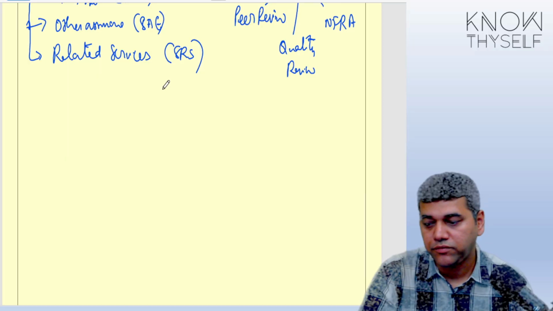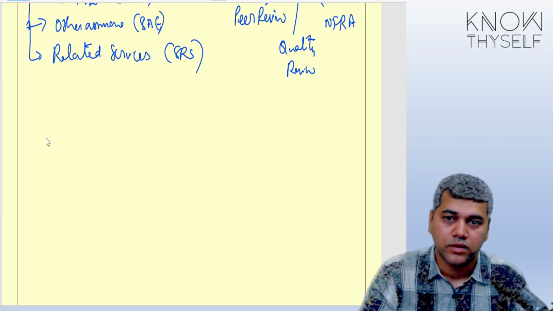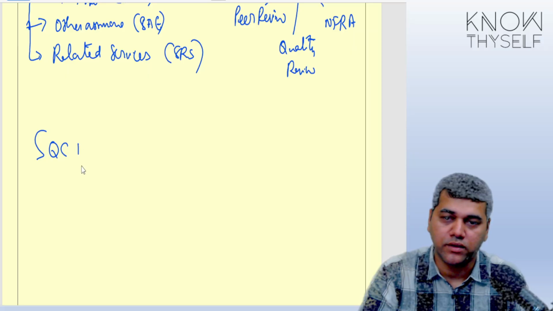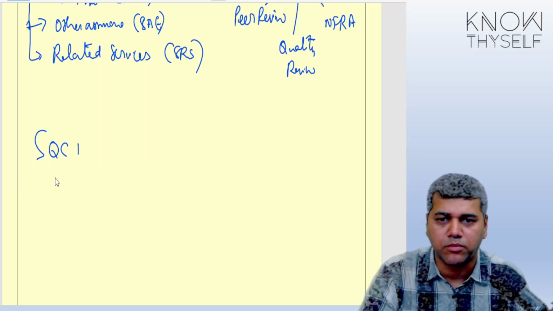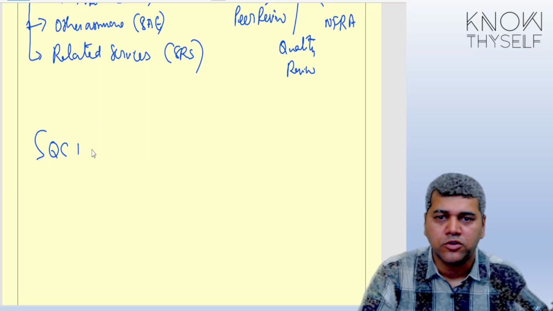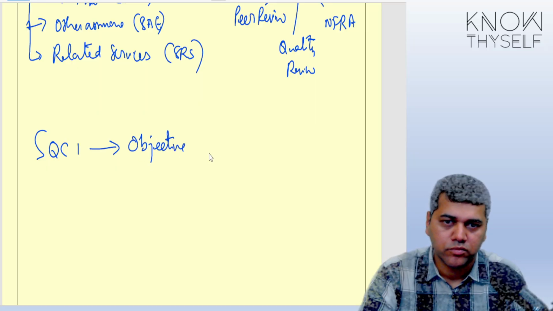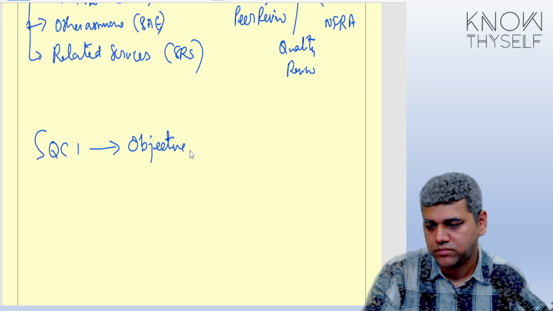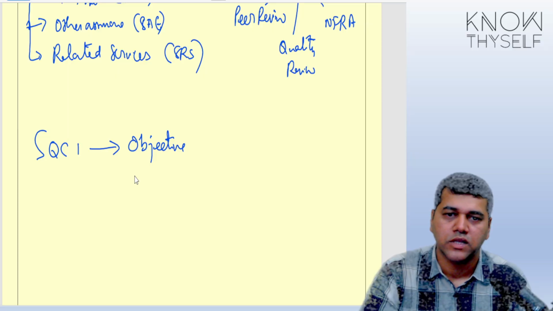Okay, now we will talk about SQC 1. I can write it in the form of a chart here, or in the form of a graph also. Primarily it will have an objective. What is the objective?